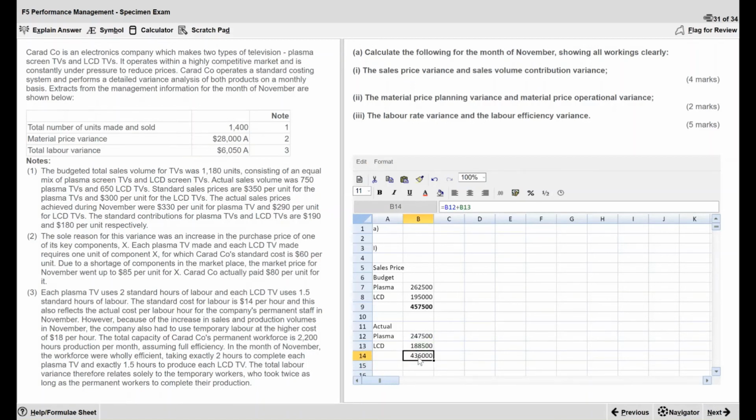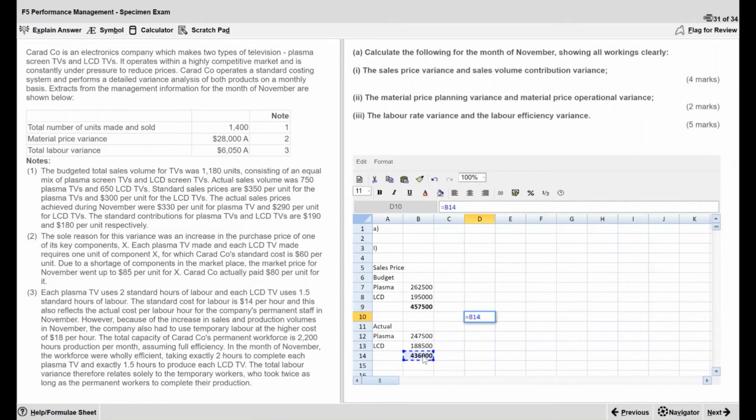So we should have sold it for 457,500, but we actually sold it for 436,000. And you can see from the budget that we had budgeted price of 350 where we sold it for 330, so it would be adverse. Now we have budgeted price of 300 and we sold it for 290. So obviously from per unit as well, you know that we have adverse variance.